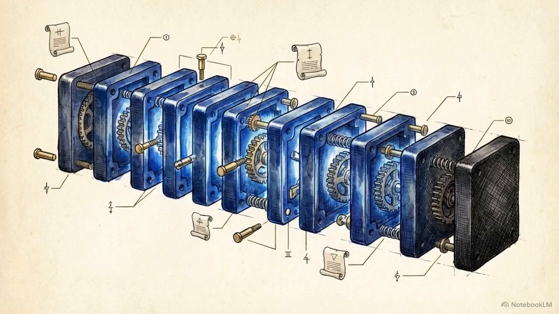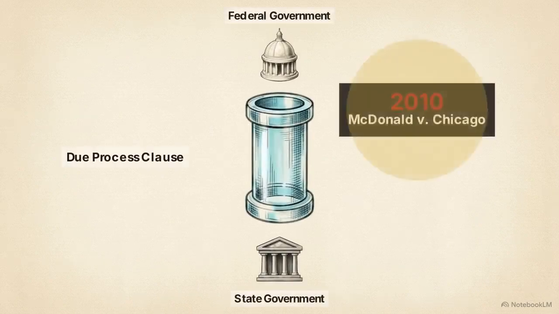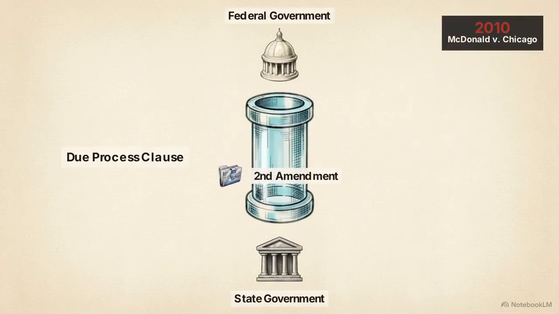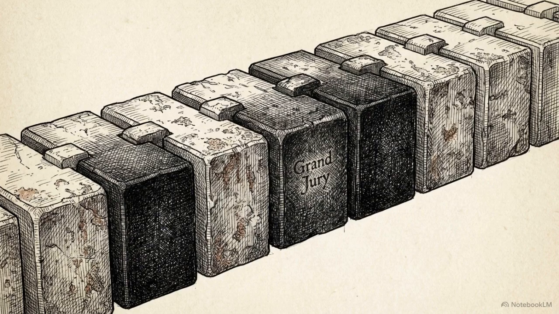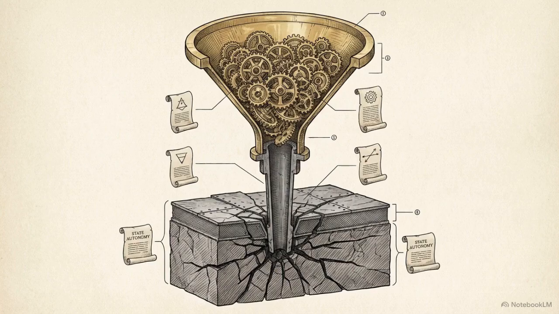Today, nearly the entire Bill of Rights has been incorporated through this process. The 2010 McDonald decision used this mechanism to pull the Second Amendment right to bear arms into state jurisdiction. Only 3 original rights remain unincorporated today, including the Fifth Amendment right to a grand jury. Selective incorporation functioned as a century-long funnel, dismantling state autonomy over fundamental human rights.